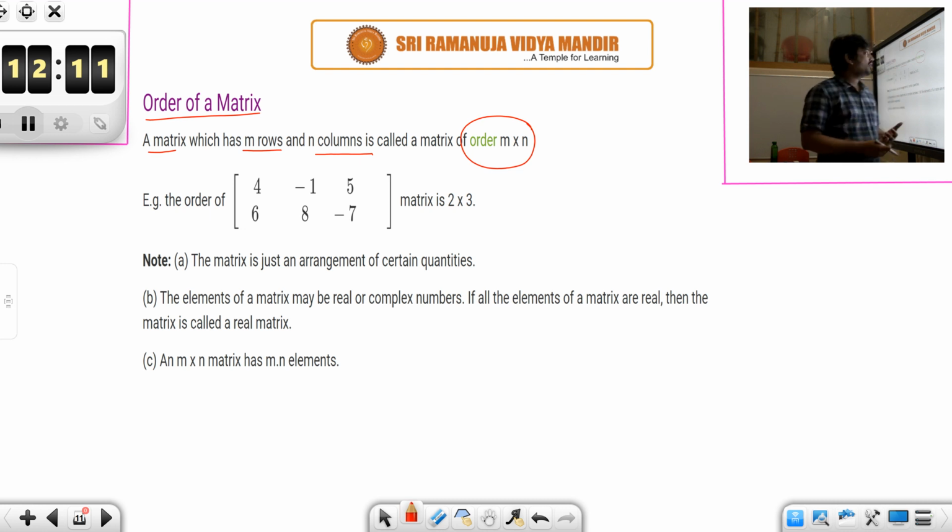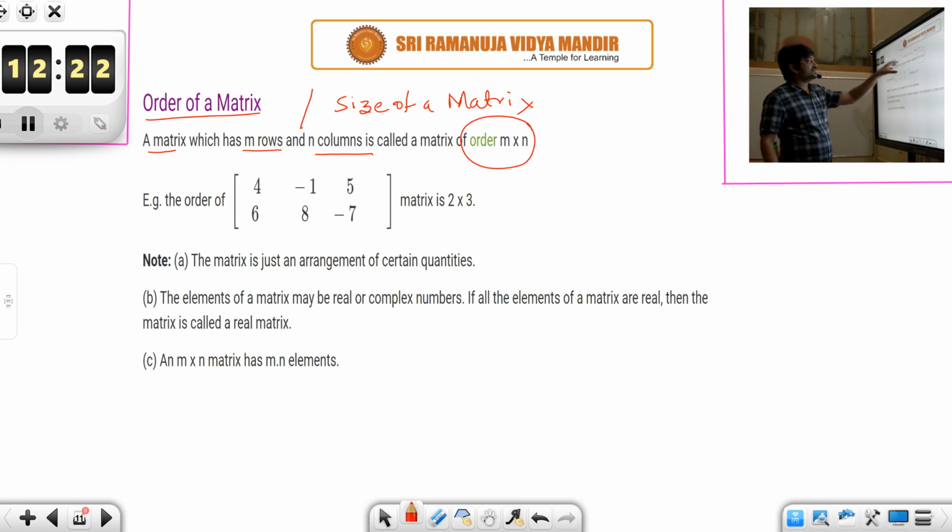The order is also called the size of a matrix. So m is the number of rows and n is the number of columns.